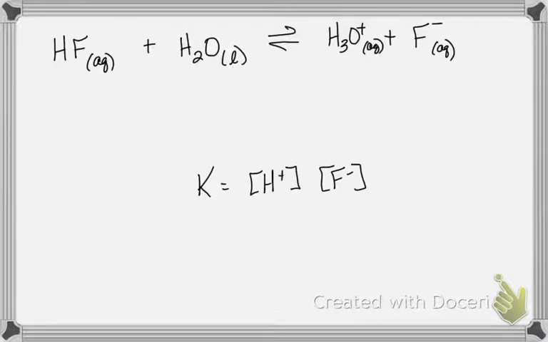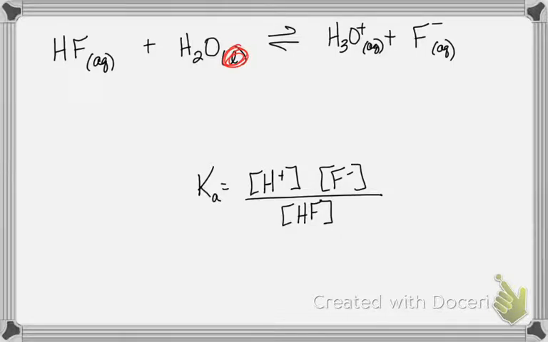We could write it like so: the hydrogen ion times the fluoride ion, that's the products, divided by, and we remember that we don't include liquids, so the only thing that goes on the bottom of the ionization constant is the HF. And so this is how you would write a weak acid expression. These are labeled with a Ka, A meaning acid.